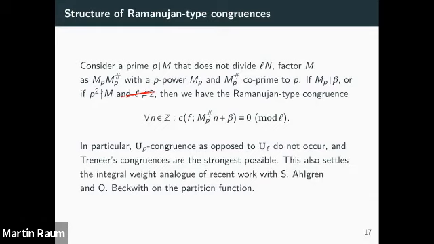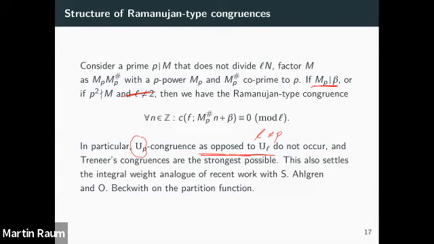The first case is something that you could think of as a U_P congruence, where here I write U_P congruence as opposed to U_L, because obviously L is not P, by the assumptions. So this is not saying that there are no U_L congruences, because there are. It's saying that there are no U_P congruences if P is not L.